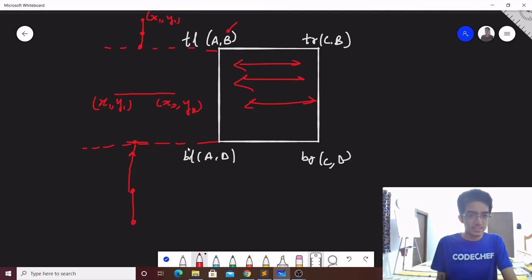So just to reiterate, let's say that the second coordinate of the head is y1 and of the tail is y2. So basically, if y2 is greater than or equal to b and y1 is less than or equal to d, if both of these conditions are satisfied, then the snake will be helpful in protecting the poison.